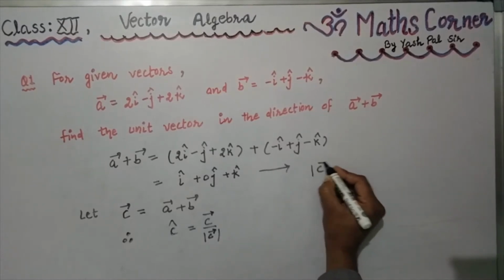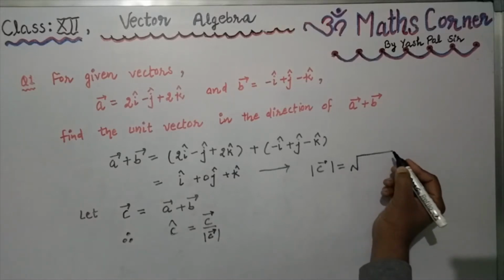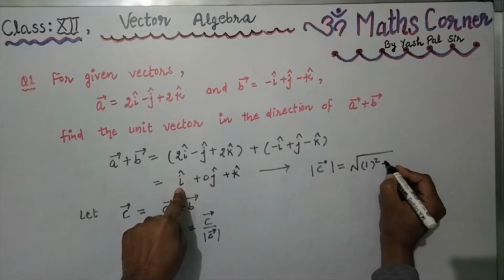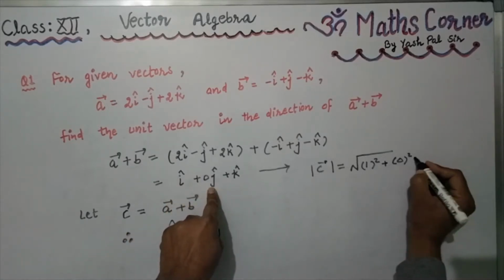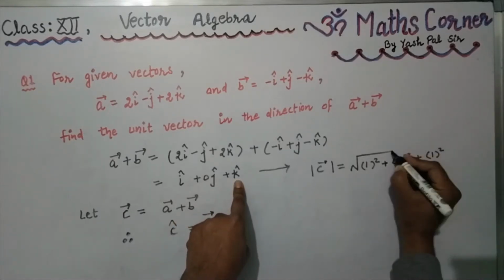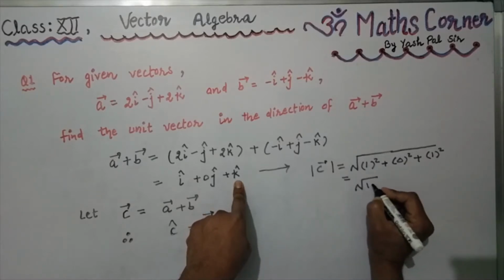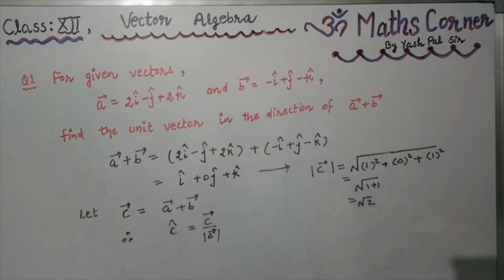Magnitude of C means square root of the coefficient of i, which is 1, its whole square, plus the coefficient of j, which is 0, its square, plus the coefficient of k, which is 1, its whole square. So this becomes square root of 1 plus 1, which is equal to square root of 2.